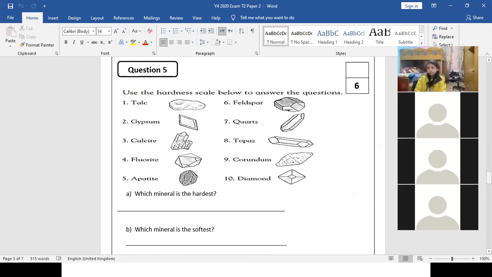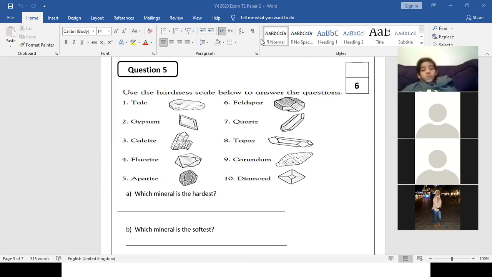The fluoride can scratch what? It's number 3, calcite. Yeah, so it's going to scratch the calcite and the gypsum and the talc. If you wrote any of them, it's correct. If you wrote all of them, it's also correct.